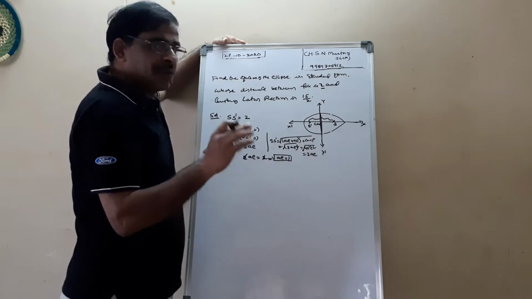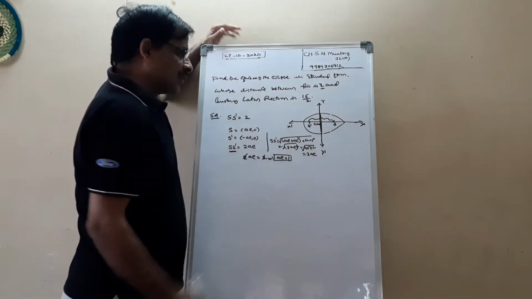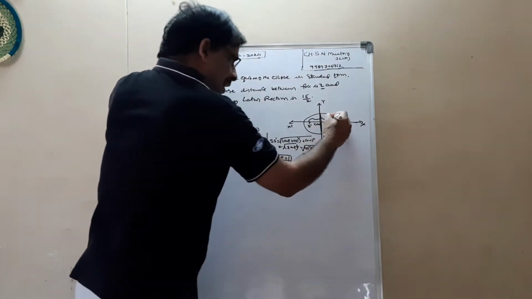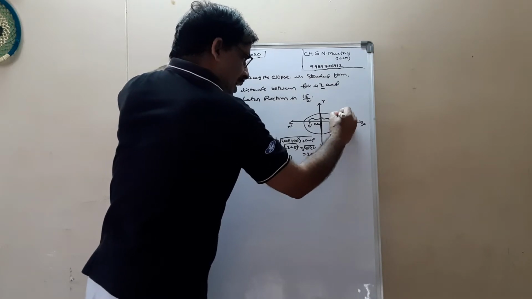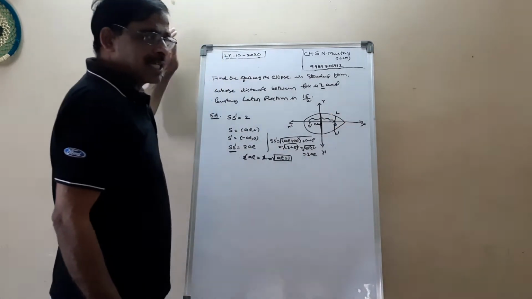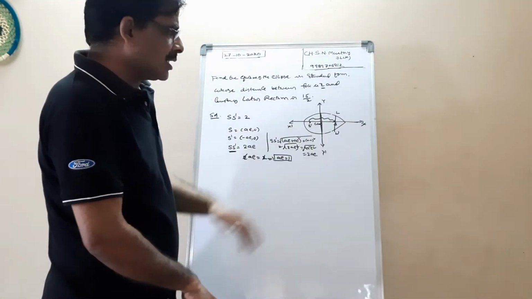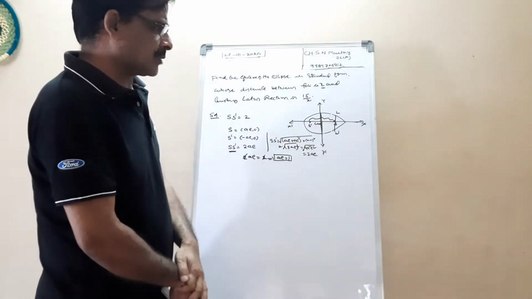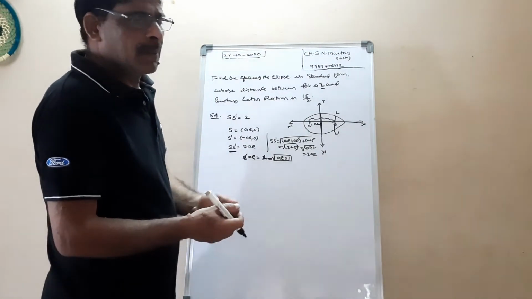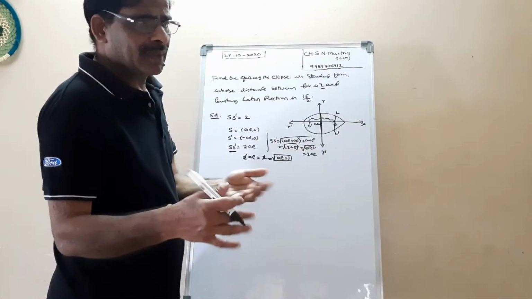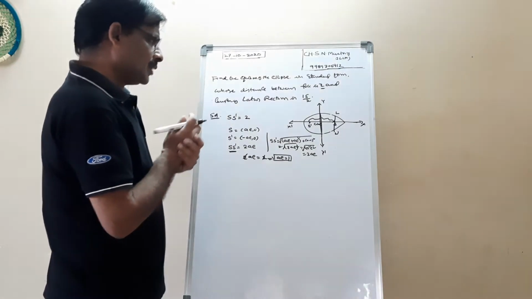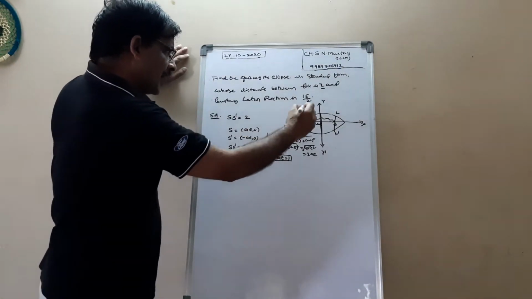And one more piece of information is given to you: the length of the latus rectum. You know the latus rectum is the line segment perpendicular to the axis and passing through the focus, or the focal chord perpendicular to the axis. Now what is given?